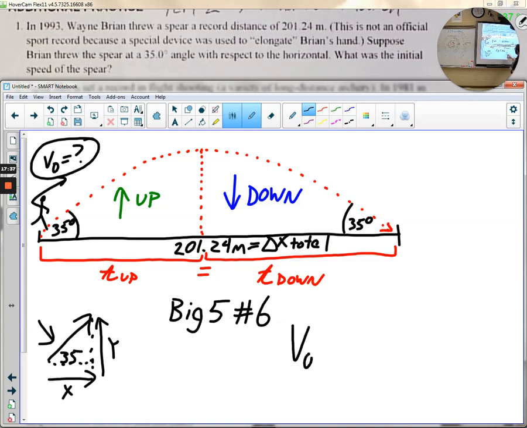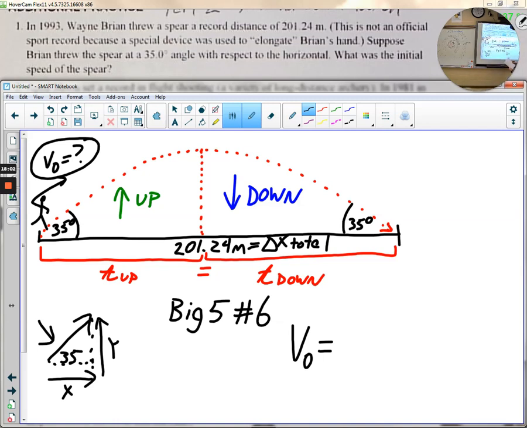You know delta x? Well, we know delta x because that's how far it went, right? That's the total delta x, the delta x up and the delta x down. Half of that would be about 100.6, and the other half would be 100.6. You know the angle, and you're trying to find that original VO.